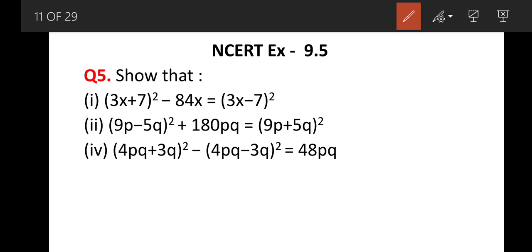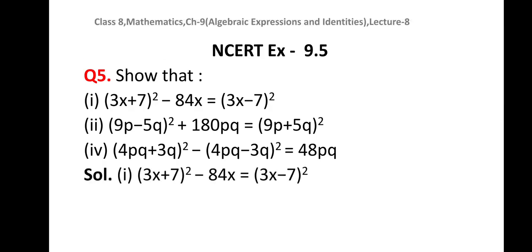Dear children, these questions are only based on the identities which we have learnt or revised, so you are supposed to simply use the identities on both sides. I will show every question step by step, and you are supposed to complete the rest 2 parts on your own.